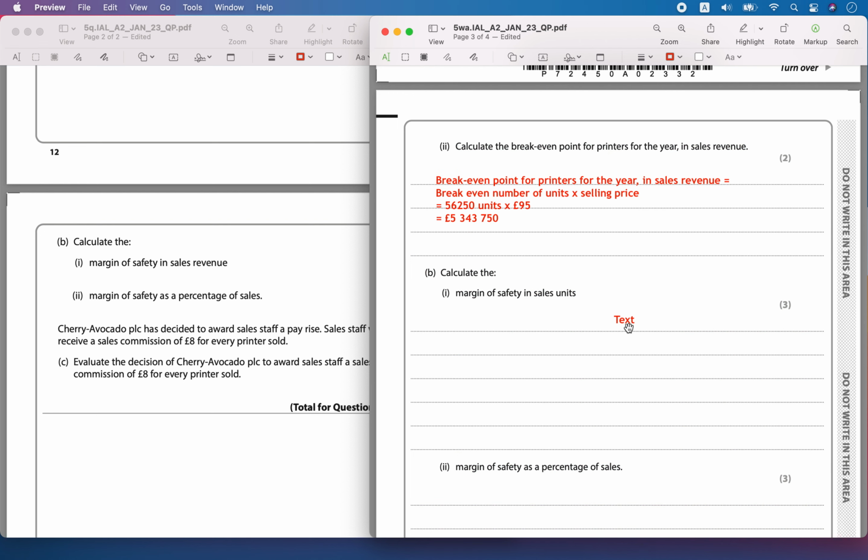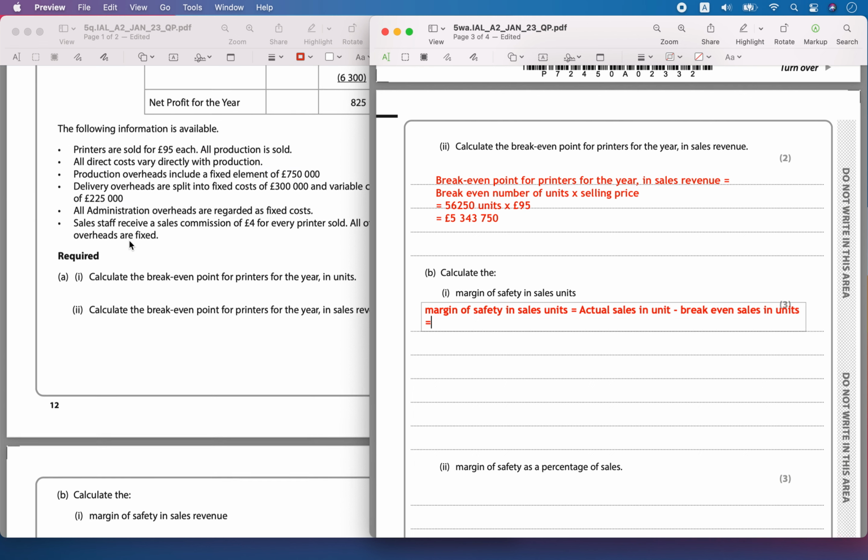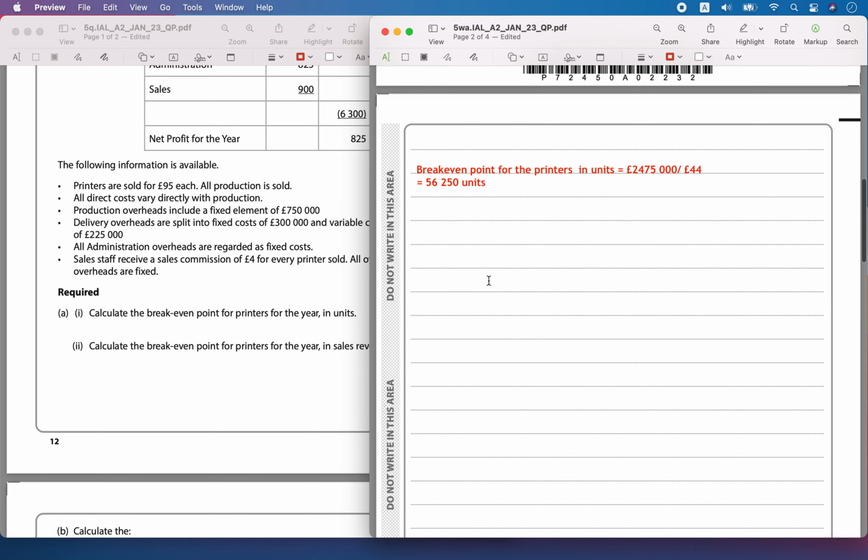It is nothing but the actual sales in units minus the break-even sales in units produced.